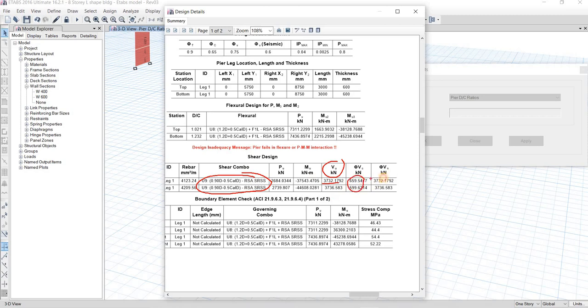Then you have phi Vc, you have phi Vn. I don't know why this value is the same.